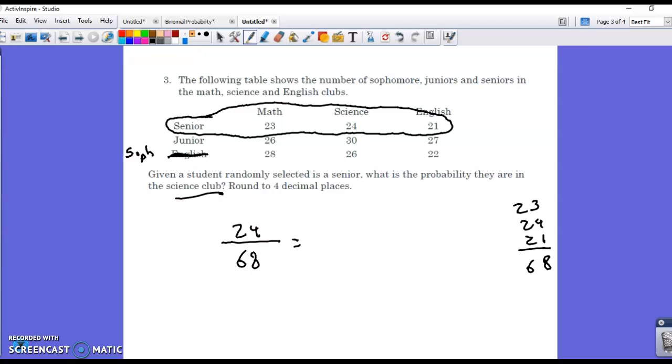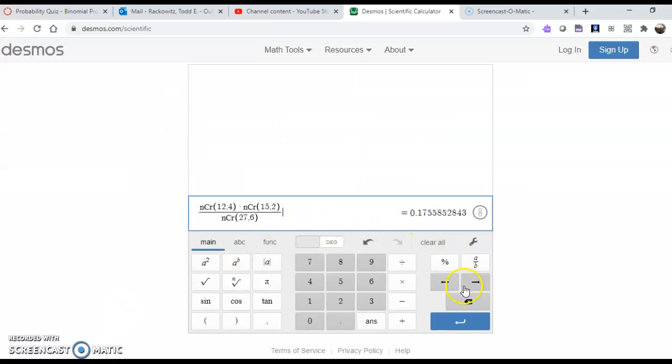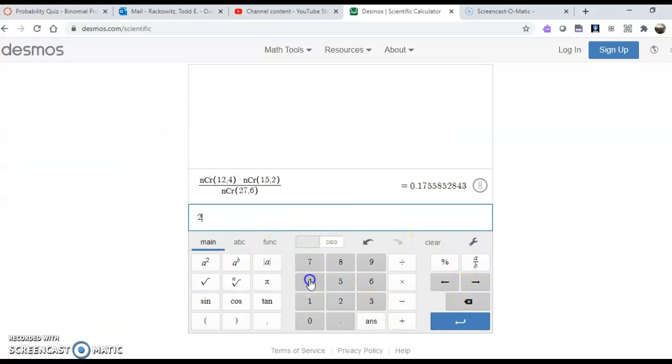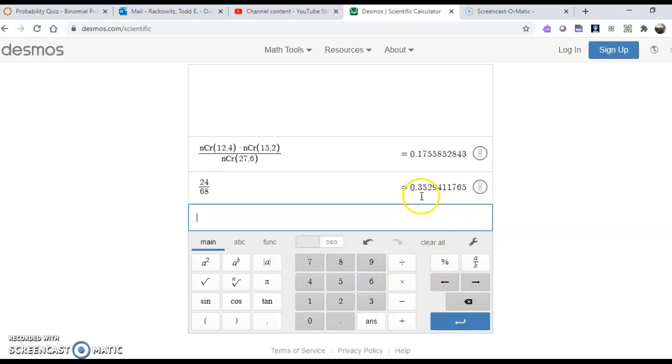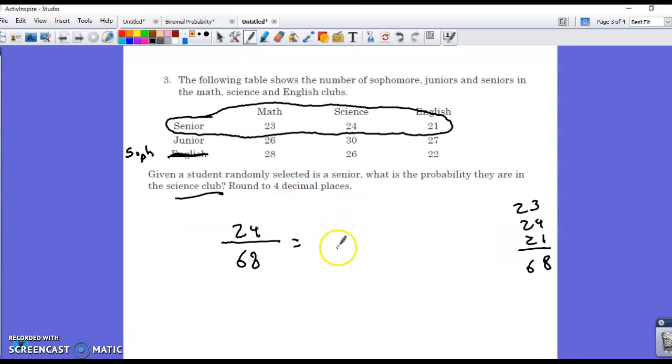So over to Desmos. What is 24 divided by 68? 0.3529. Done, 4 decimal places. Good. So just make sure you're doing the given it's a senior.